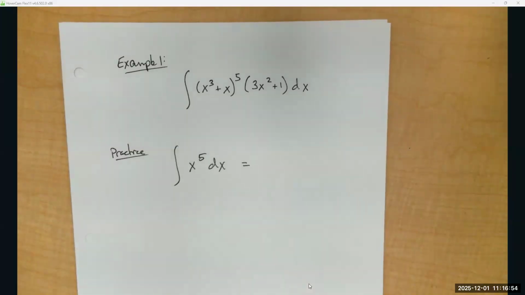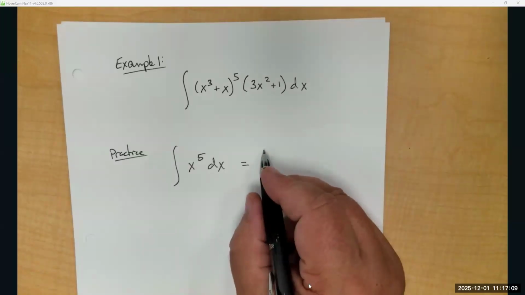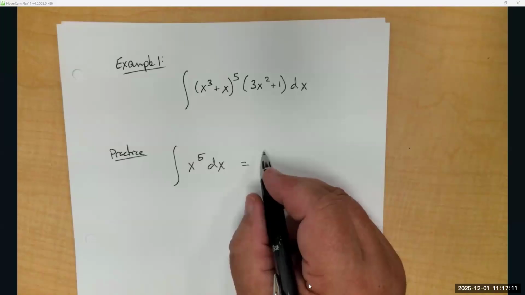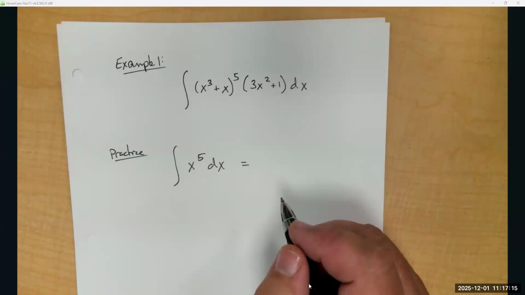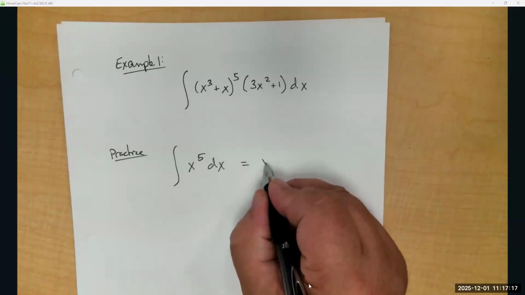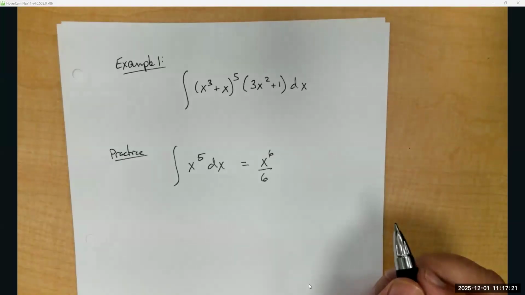If you had that, what would the integral be? No. X to the fifth?